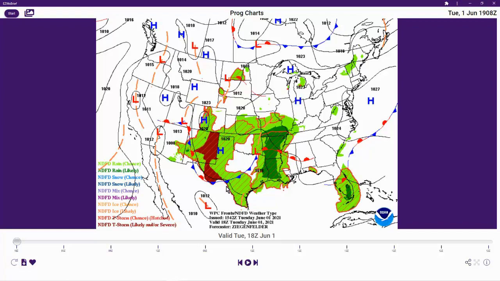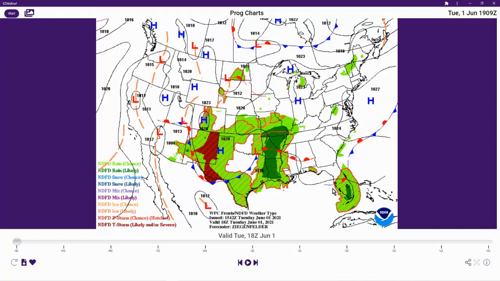So in this particular situation, the precipitation will stop at the U.S. border, whether it be for Mexico or Canada, and it only goes out so far along the coastlines. And that's true of the short-range Prog charts as well as the longer-range Prog charts.